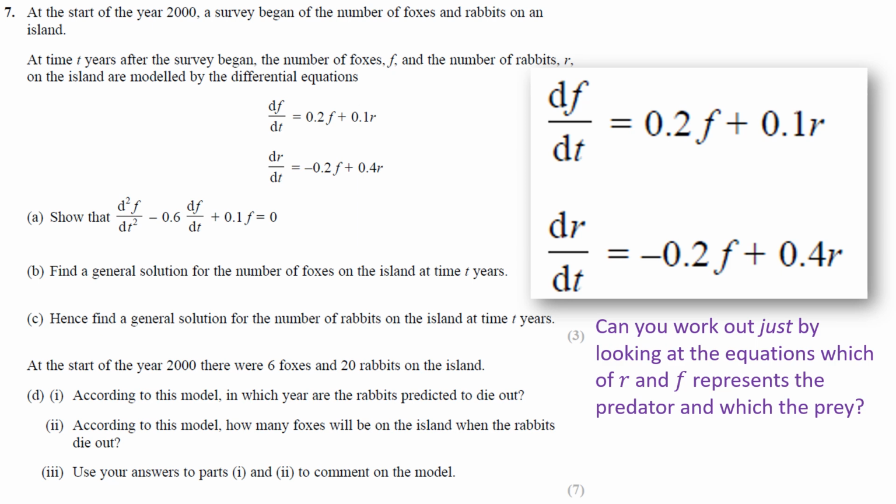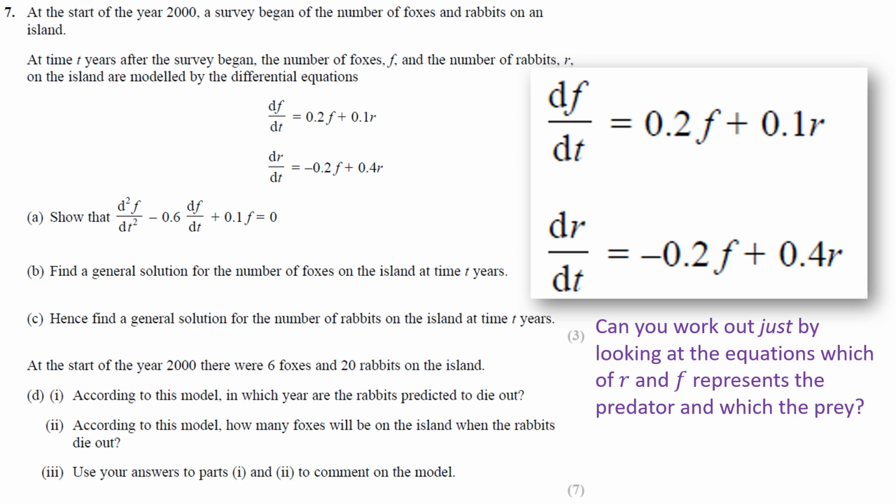All right, hopefully we can make sense of this. With df by dt, the size of the F population, the number of foxes, is going to have a positive impact on the rate of increase of foxes. So if there are more foxes, then there will be a larger rate of growth of the fox population.